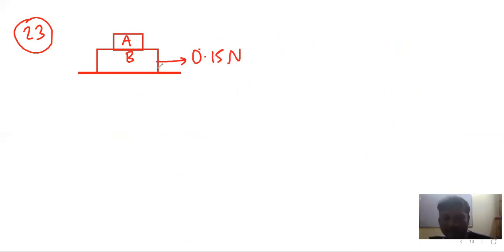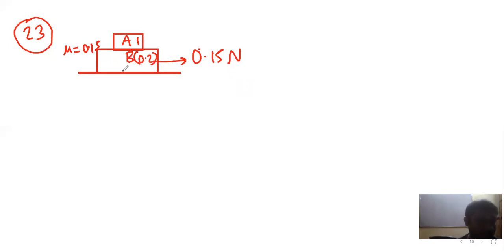Block A has mass 1 kg, block B has mass 0.2 kg. We have a coefficient of friction between A and B, 0.15. We have to find: B will slide on A if the force on A is greater than.